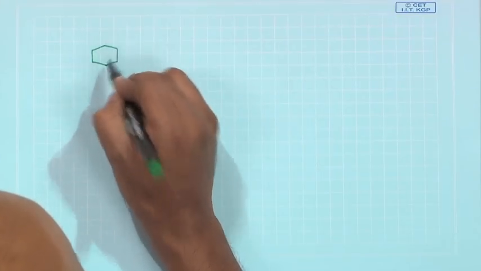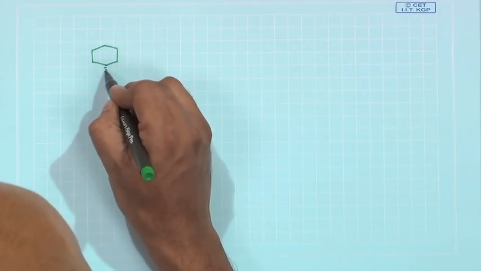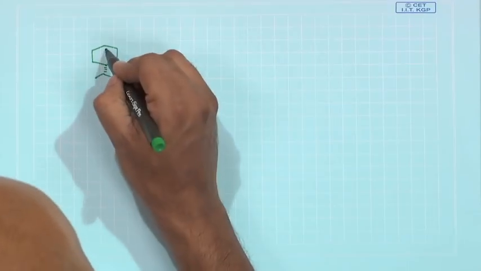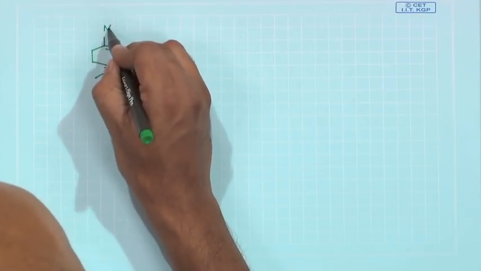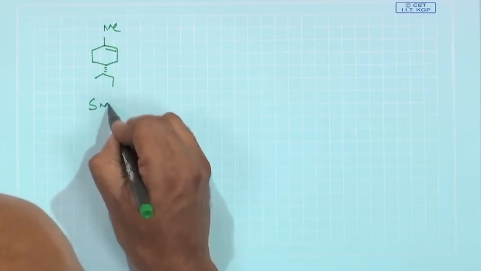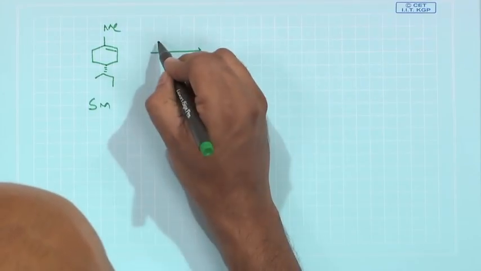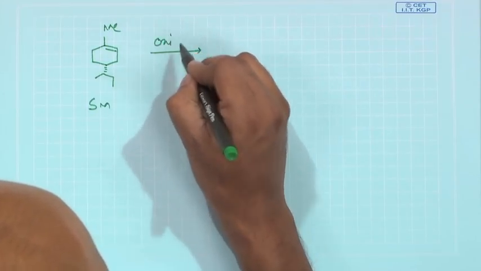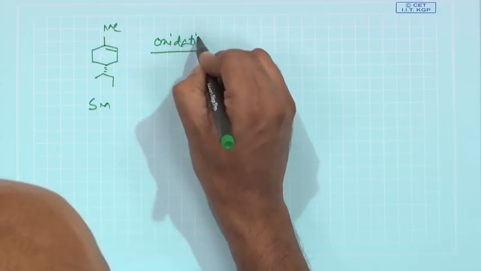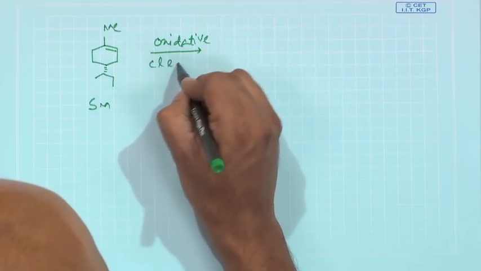So, see, this kind of approach is absolutely simple, and if I now analyze the forward synthesis, you will see how it can be effectively constructed. So, your starting material is this. In the forward pathway we will first do an oxidative cleavage of this particular double bond.